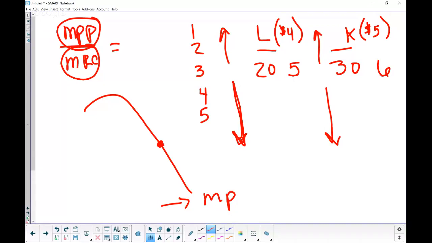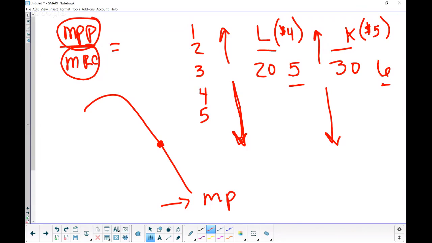So if this is where we're currently producing, this is our marginal physical product and marginal resource cost per dollar spent. So every dollar we spend, we're getting 5 products out of our labor. For every dollar we spend, we're getting 6 product out of our capital. Okay, we want these to equal. So in this case, what would we do? Well, we want to work towards 6 and we want to work towards 5.